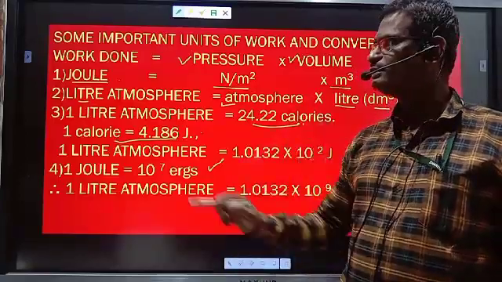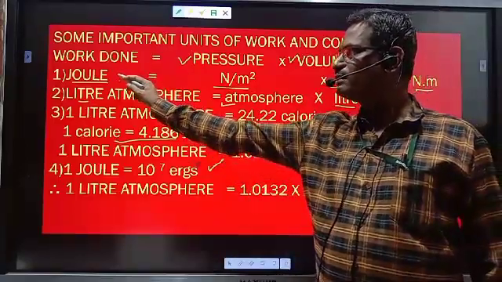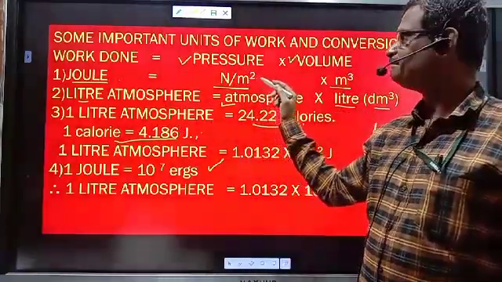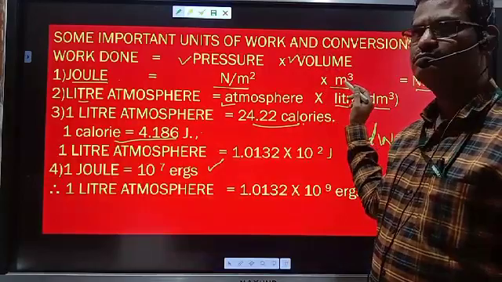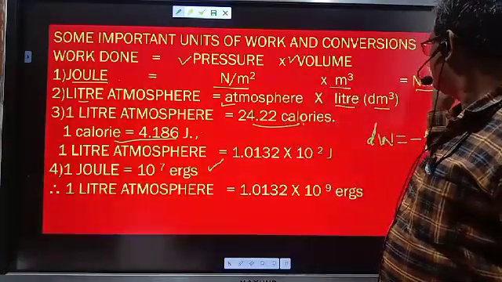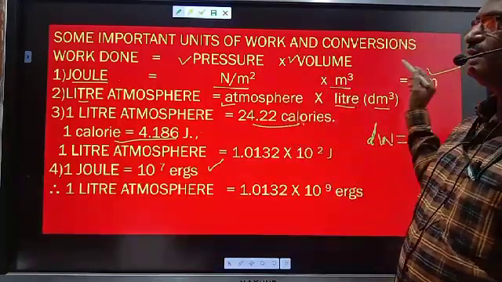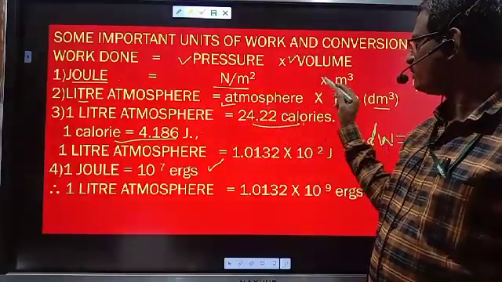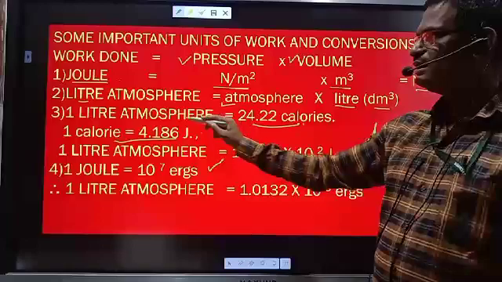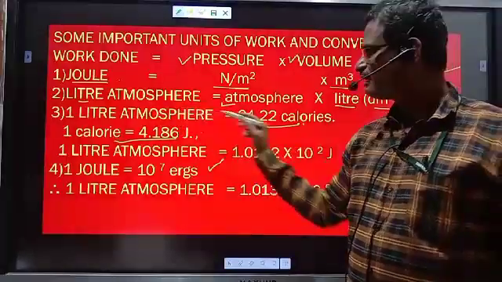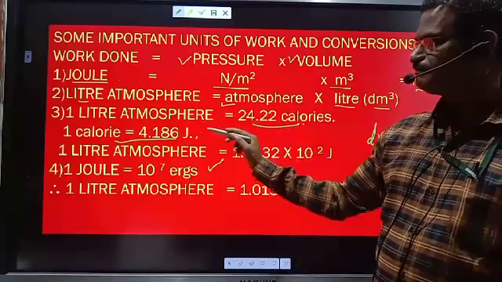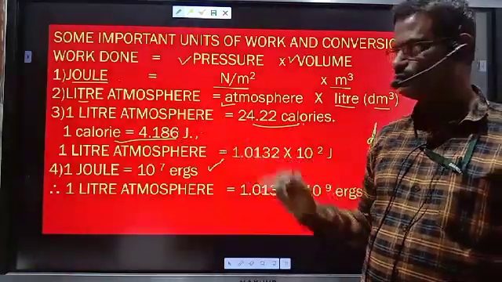These are important units. The unit of work done is joule, where pressure is taken in Newton per meter square and volume in meter cube, and their multiplication is Newton meter. In liter atmosphere, pressure is taken in atmosphere and volume in liter. 1 liter atmosphere is 24.22 calories, and 1 calorie is 4.186 joule.